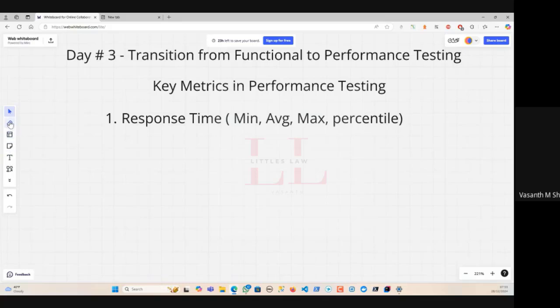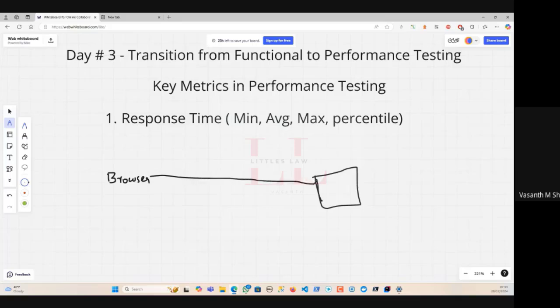Let me draw a quick picture. Response time is a mix that includes latency. You have your machine, your browser, and the app service, all the machines at the business end. Latency is the time it takes from the browser to reach the server.